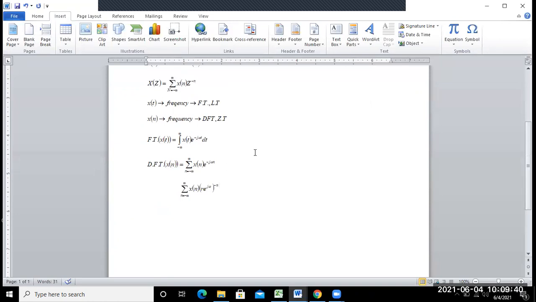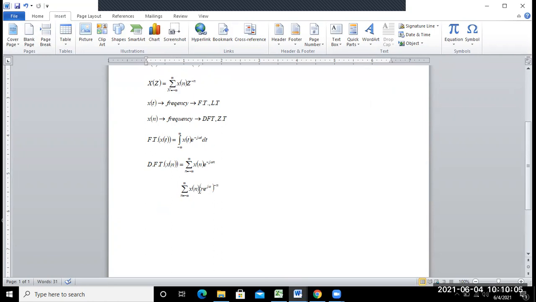Okay. So how can we represent X(z) equal to the summation of n equal to minus infinity to infinity of x[n] z to the power minus n? In place of z, what we have here is r e to the power j omega. So the z transform X(z) is equal to the summation of n equal to minus infinity to infinity of x[n] z to the power minus n.